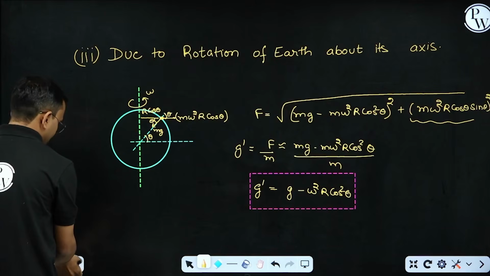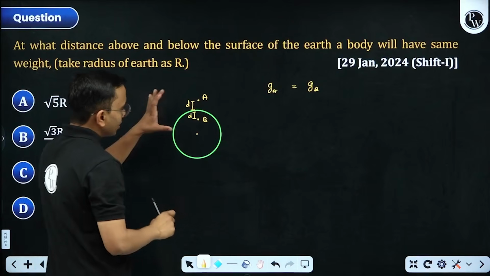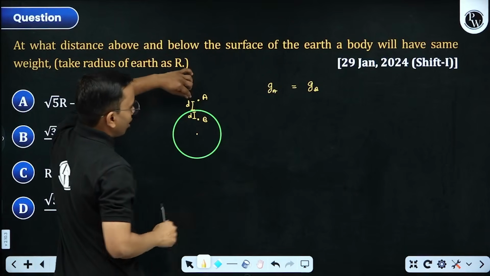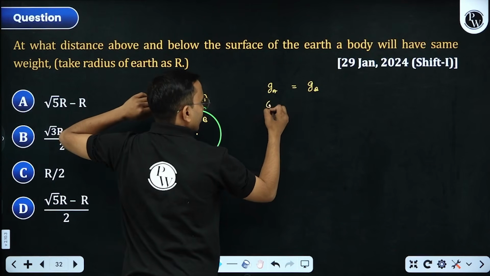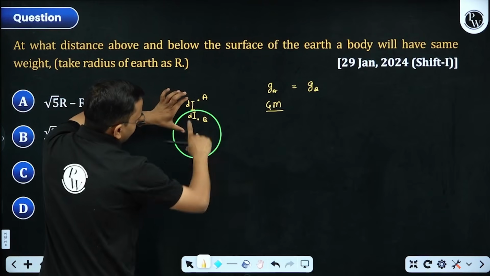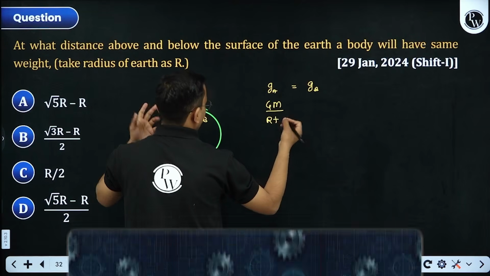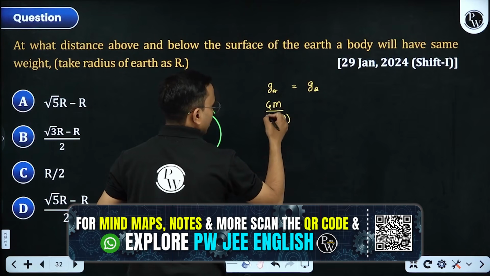Now coming back to our question. If I write GA, how much will that be? GM divided by r square, where r is the radius of Earth plus d. So GM by (r plus d) square.